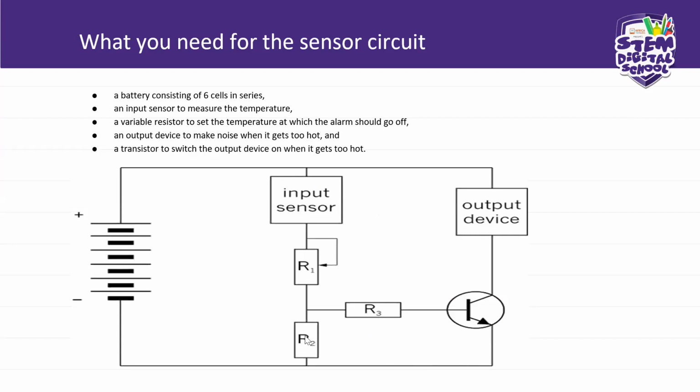Your resistor 3 is connected to the base. And then the output device is connected to the collector. So your output device here would be maybe your buzzer or your LED.